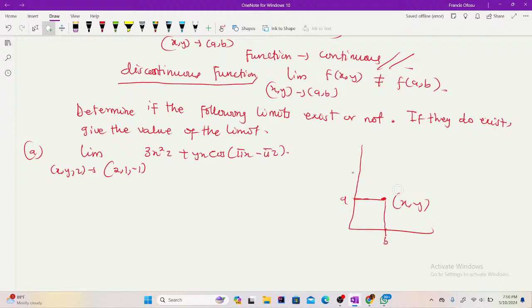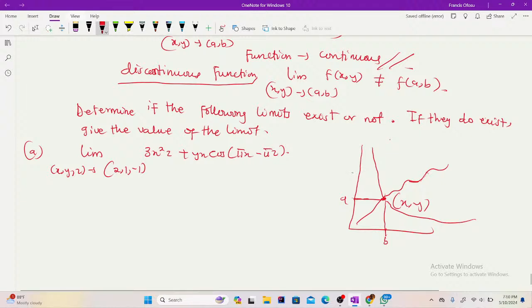You can also approach this same point using this curve, or using this slanted line. Whichever path you approach this point, it should give us the same limit value. That is the key word here. If I take different paths and this function doesn't give me the same limit, it means that the limit does not exist. That is the part of what we are doing: determine if the following limit exists or not, and if it does, then find the value of the limit.